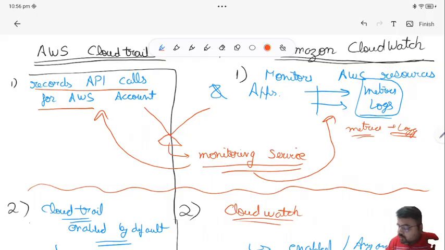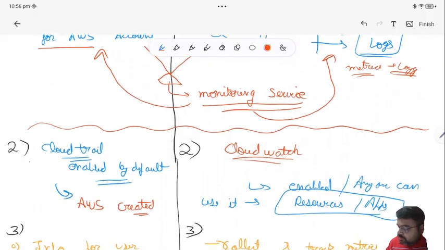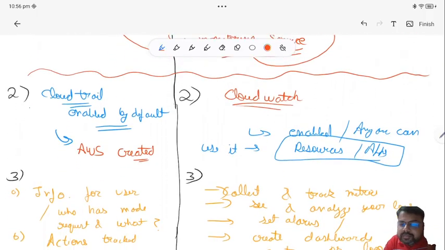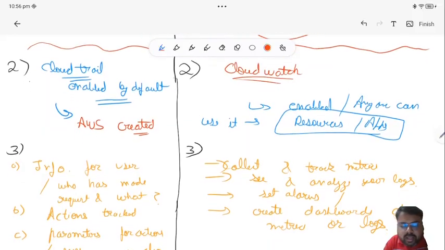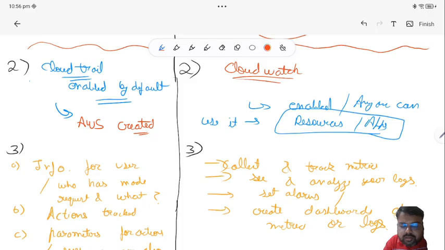So CloudWatch is basically, as we know, used to track the metrics and all those things. Similarly, CloudTrail is used to track the API calls. So why is CloudTrail used?